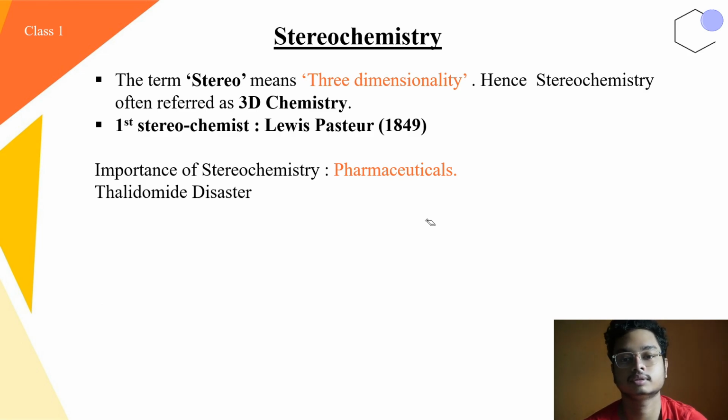the importance of stereochemistry. Basically, stereochemistry has shown significant importance in the pharmaceutical industry, and one of the very famous pharmaceutical cases is the thalidomide disaster. From there people understood the importance of stereochemistry.